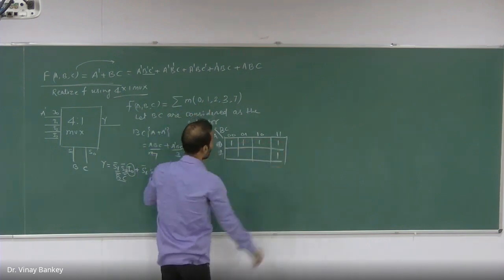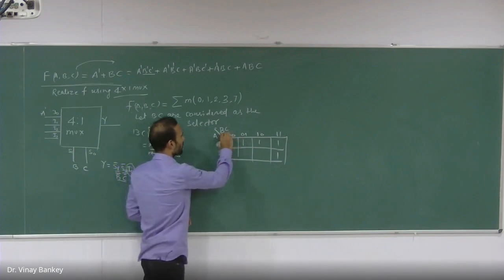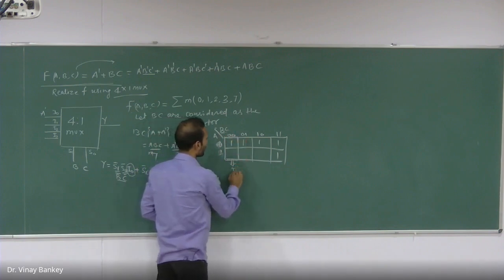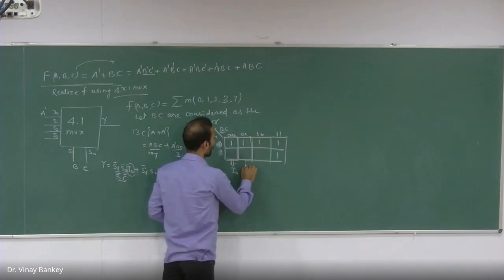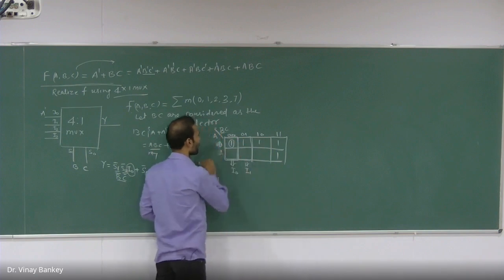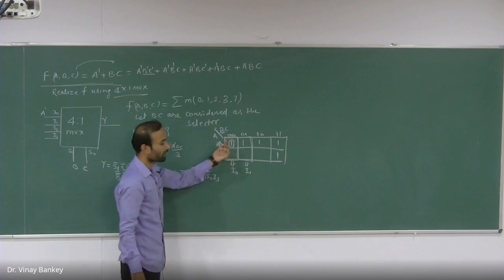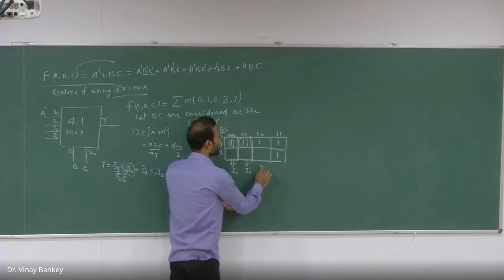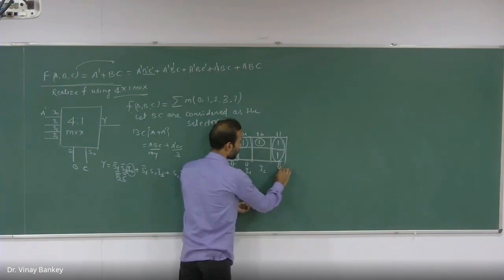When BC is 0, 0, the whole cell is associated with the input I0. When this cell is 0, 1, this is associated with I1. So what should be the value of I0? I0 is nothing but A bar. Here I1 is A bar again, I2 is A bar again, and I3 will be 1.